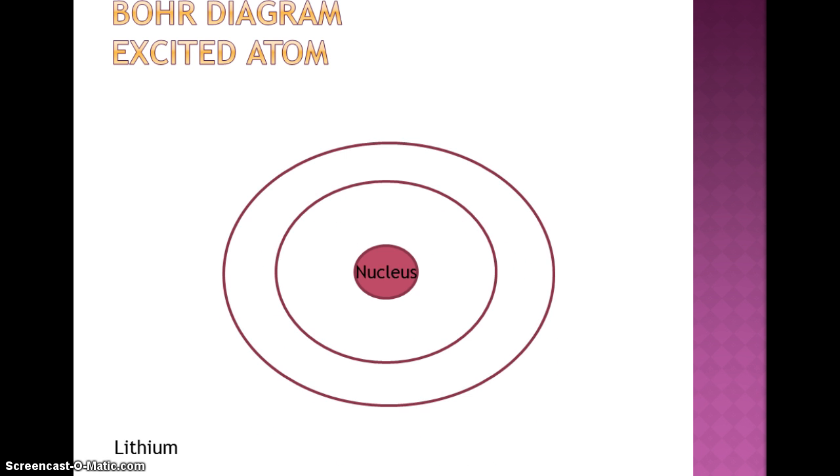Bohr diagram for the excited atom. Again, we'll use lithium. How many electrons did lithium have? Anyone? 3, exactly. So we have 2 in the first ring, 1 in the second ring. Again, the rings are called principal energy levels, and the black circles are electrons.